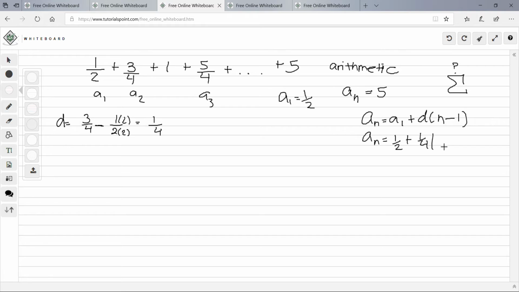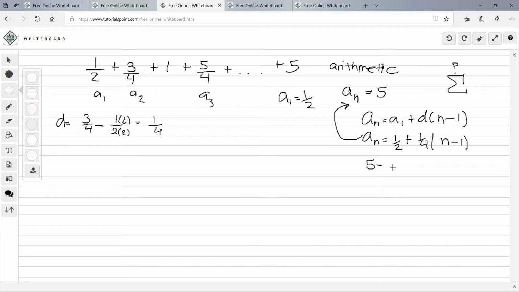And we don't know what n is. That's our goal. Remember, we said that our nth term, our last term, is 5, but we don't know what n is. So our goal is to solve for n.